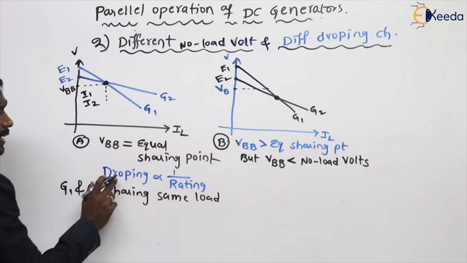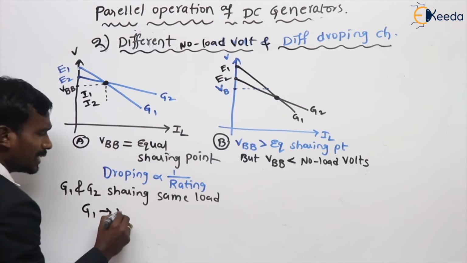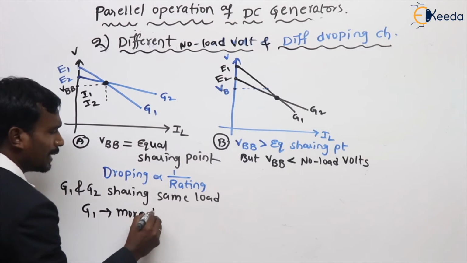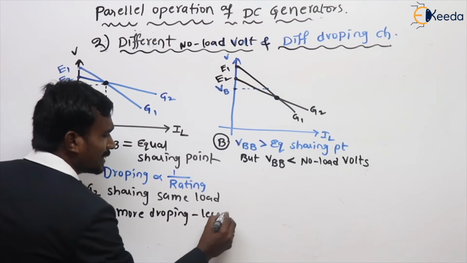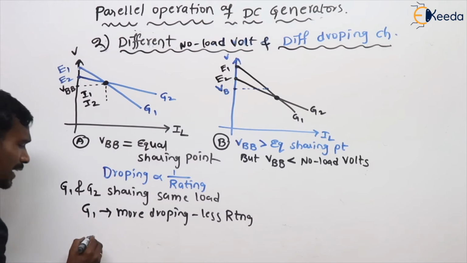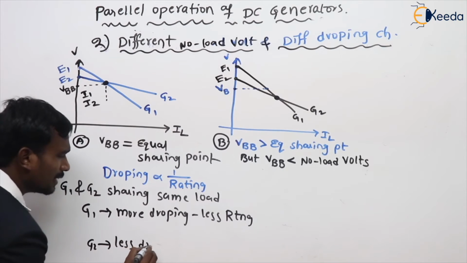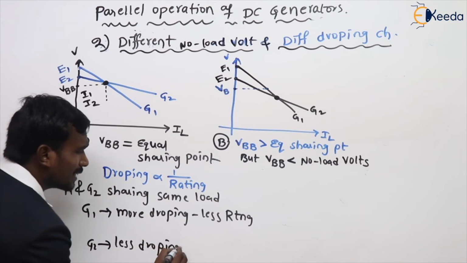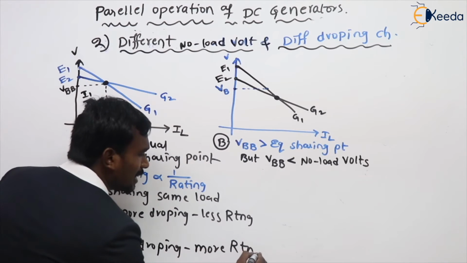But here generator 1 is more drooping, nothing but less rating. Yes or no? So here generator 2 is less drooping, nothing but more rating. Yes or no?